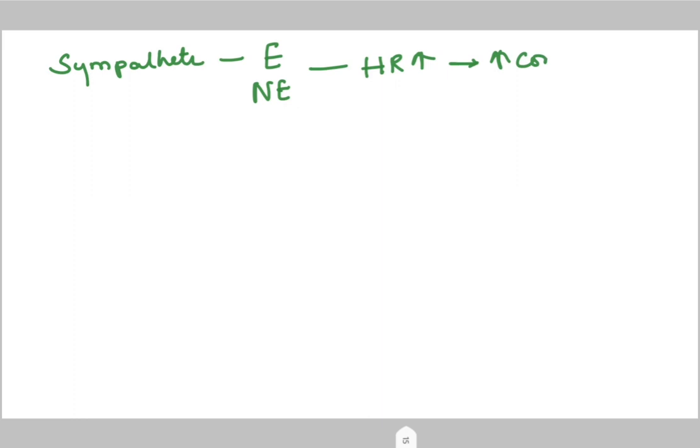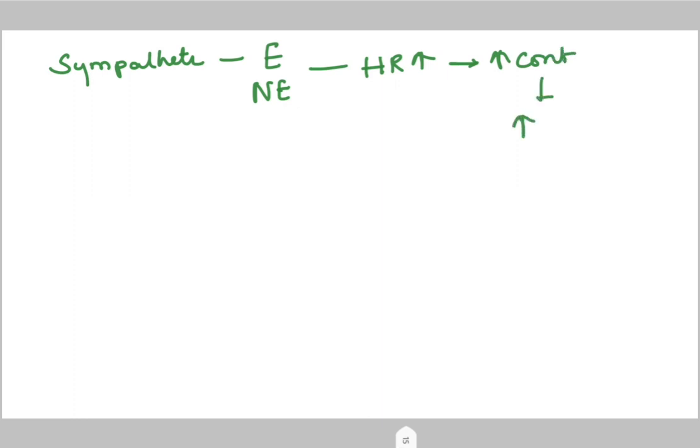How does this happen? Let us look at this. First, activation of the sympathetic nervous system will lead to the release of epinephrine and norepinephrine. This will increase the heart rate.